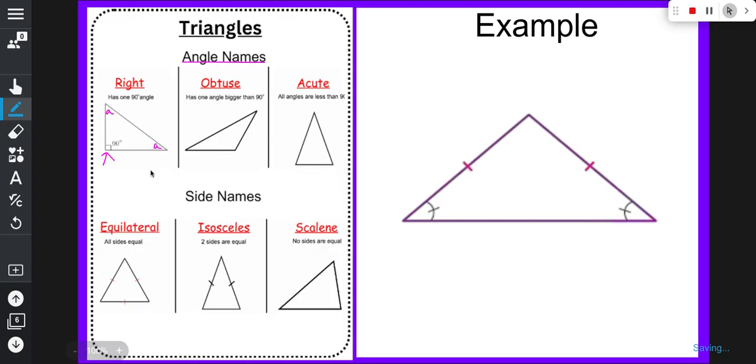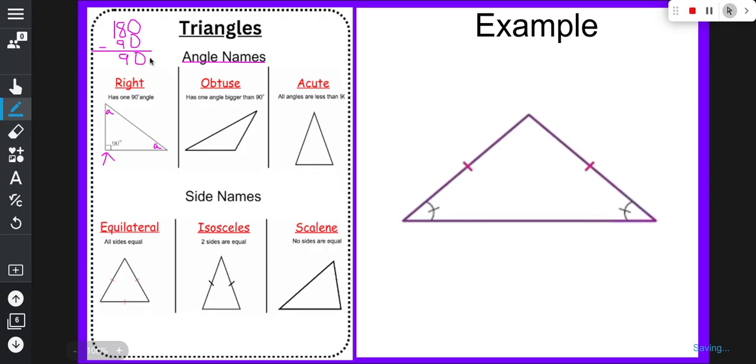So sometimes that confuses people because they want to say it's an acute right triangle. But if we think about a triangle, it is half of a quadrilateral. A quadrilateral equals 360 degrees. A triangle is going to equal 180 degrees if I add all the angles up together. Well, if I take 180 and I subtract out the right angle of 90, I'm left with 90 degrees.